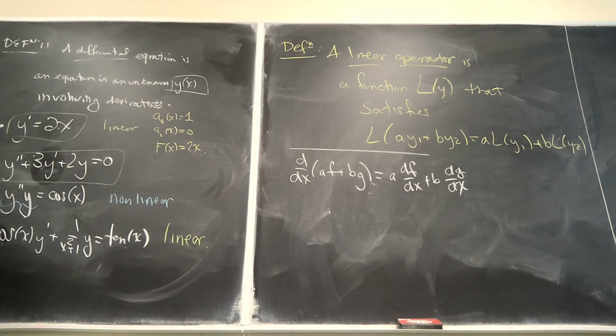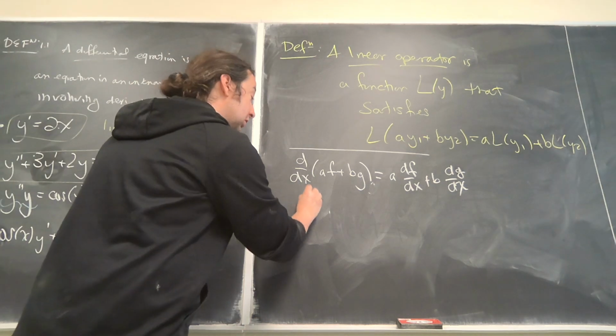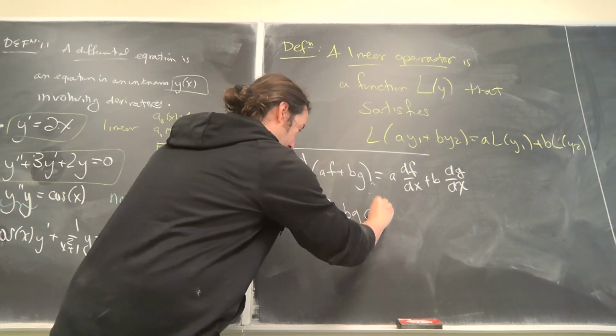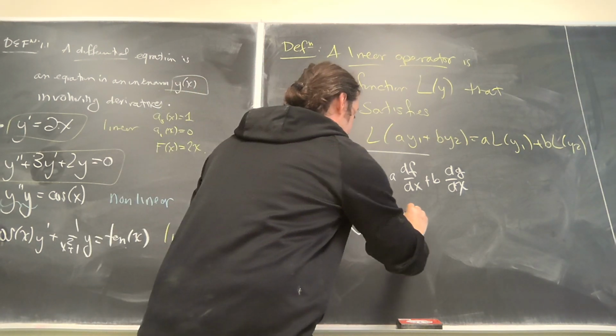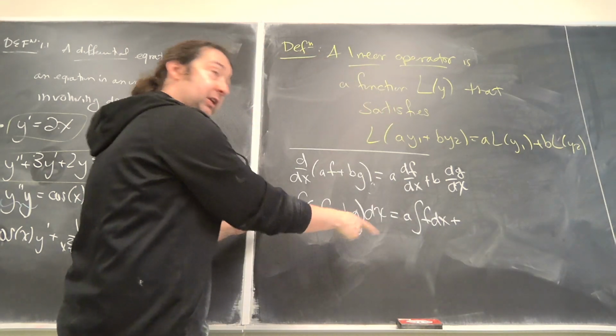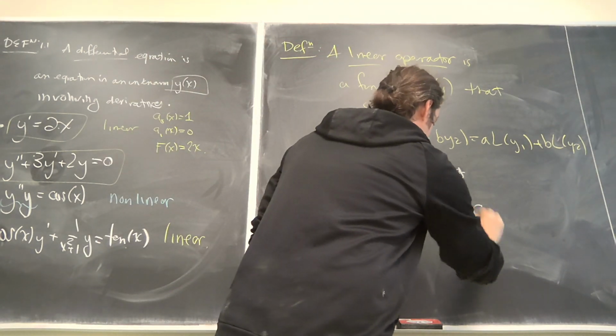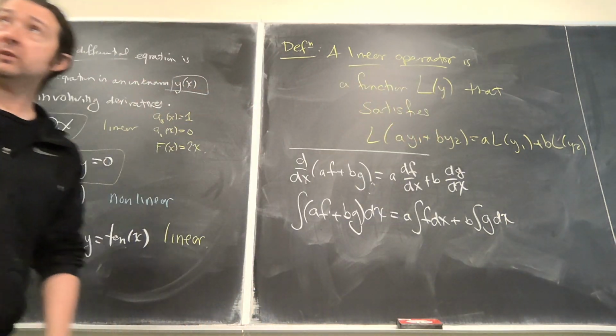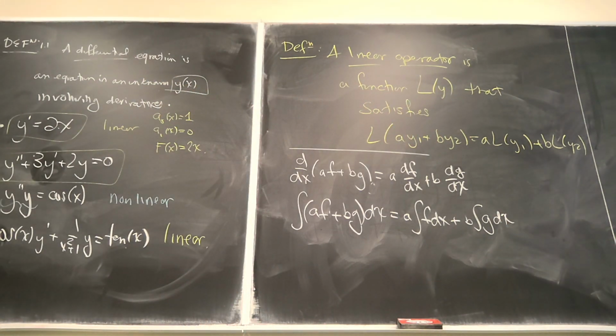You can spread it out to the individual terms and factor out constants. Integration is linear because you can split this up. Integrals split across the terms of a function. Integration and differentiation are linear operators. It's one of the most important things about them that they satisfy this property.